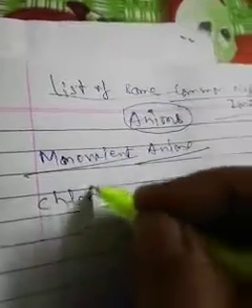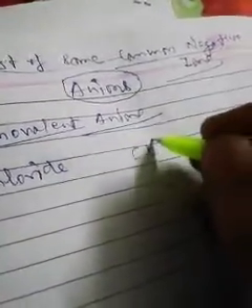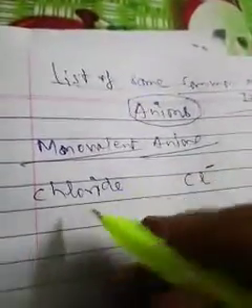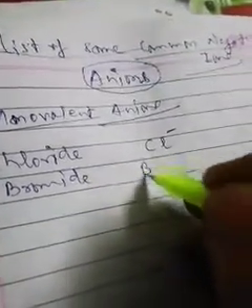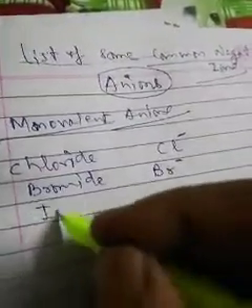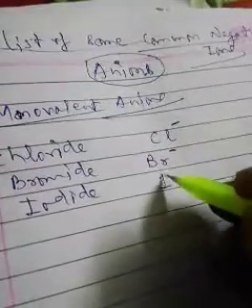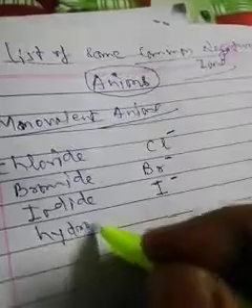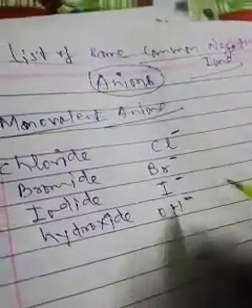First, chloride, Cl-. Chloride has single charge. Bromide, also single charge. Iodide, also single charge. Hydroxide, OH-.